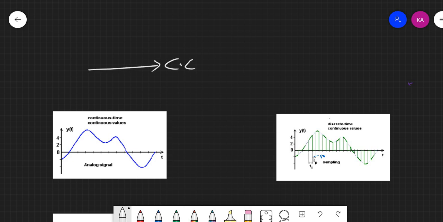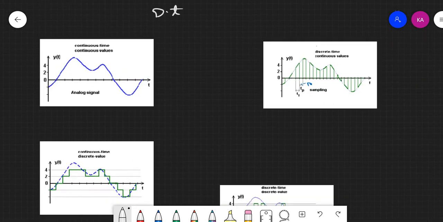To tell whether it is continuous time or discrete time: if at each and every point you are able to tell what the amplitude is at that point, we say it is a continuous time signal. Where the signal is defined only at some particular parts of the time, that kind of axis we call a discrete time axis.